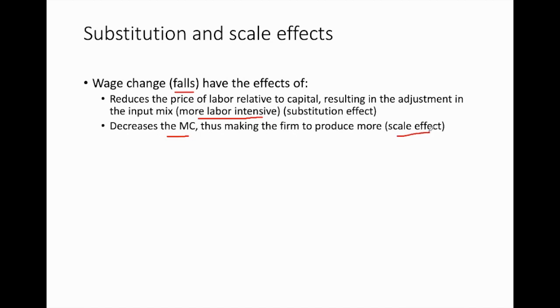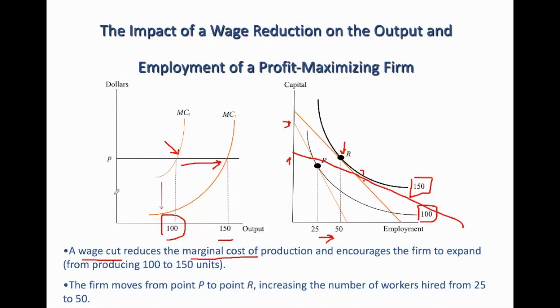And this is indicated by the scale effect. In our earlier analysis, as indicated by this diagram, when there is a reduction in the wage rate, that means the marginal cost now shifts downward, and a wage cut therefore would mean the firm has lower cost of production and the firm now would produce more output. This is the scale effect.